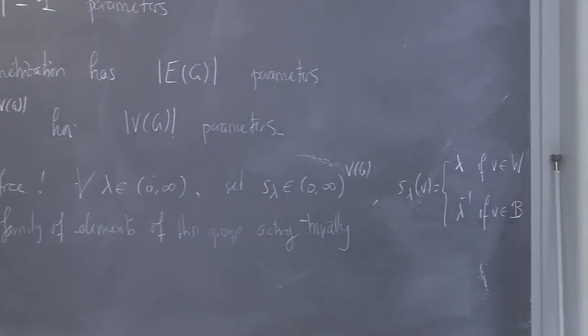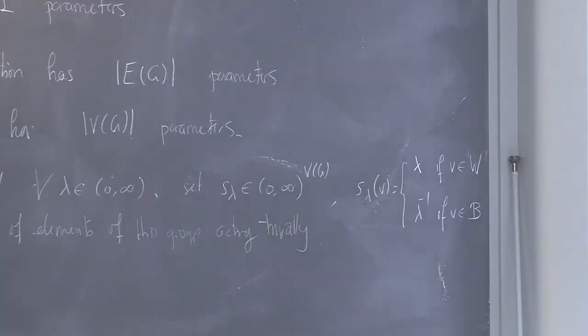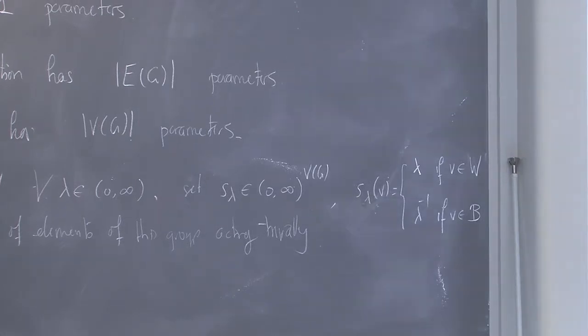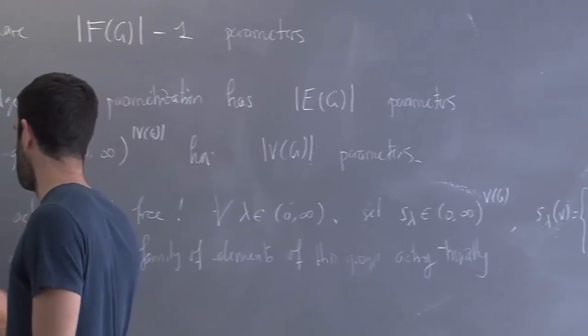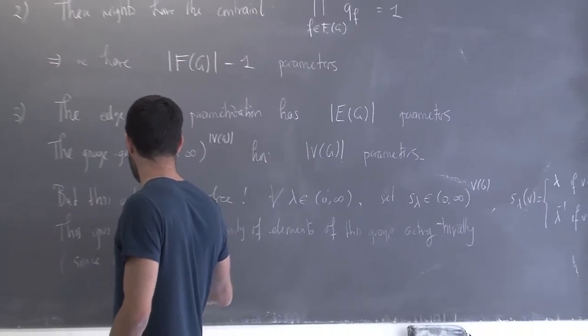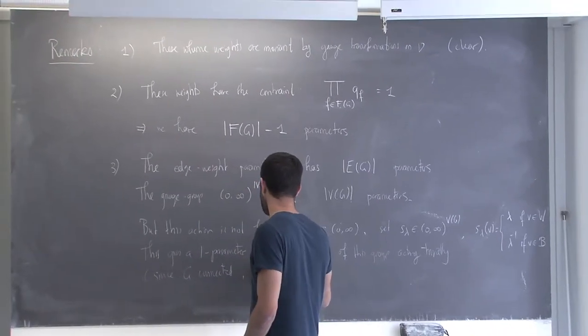And you can check, it's easy, you have to assume that G is connected, but you can check that it's the only subgroup that is acting trivially. So, and since G is connected, it is the only one.